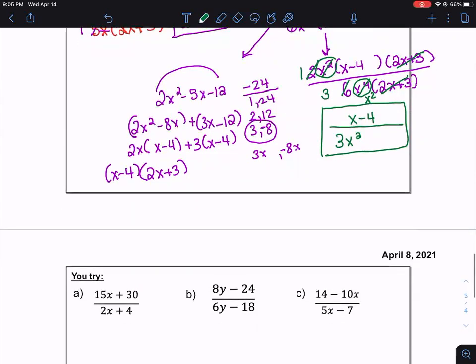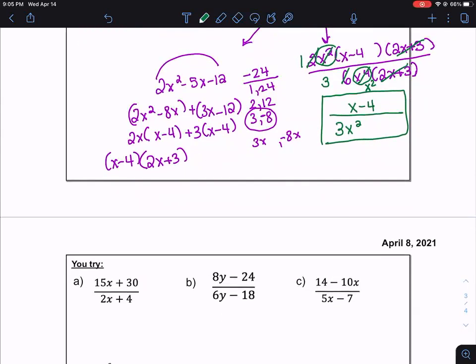Okay, so I'm just going to move it up to right there. Okay, about a minute down.